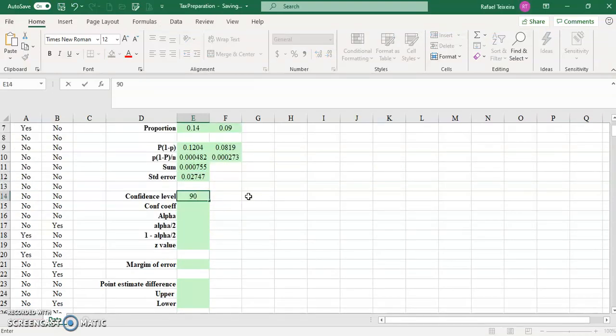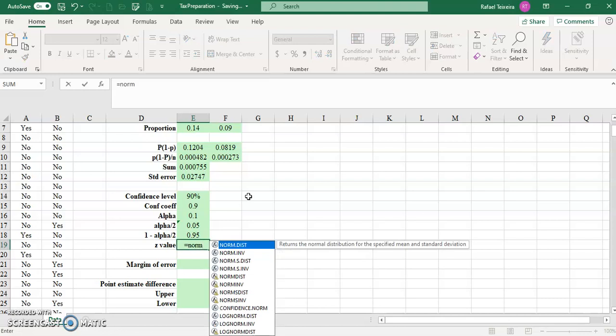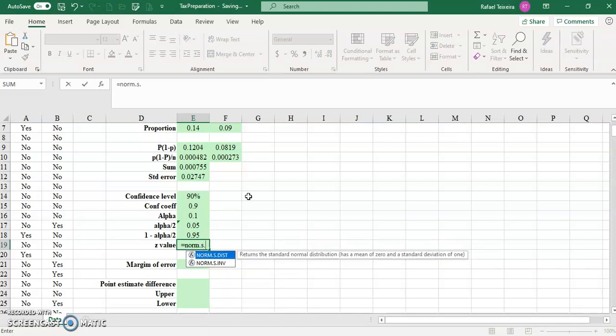Let's say I want 90%. The coefficient is 0.9. The alpha is equal to 1 minus the coefficient. I get the alpha divided by 2, and then 1 minus the alpha divided by 2. My z is equal to NORM.S.INV because it's a standardized value, and I select 0.95.